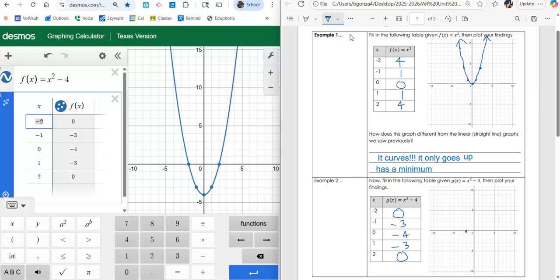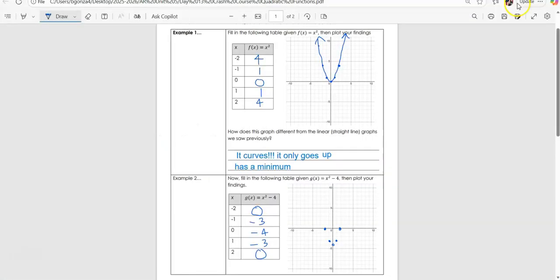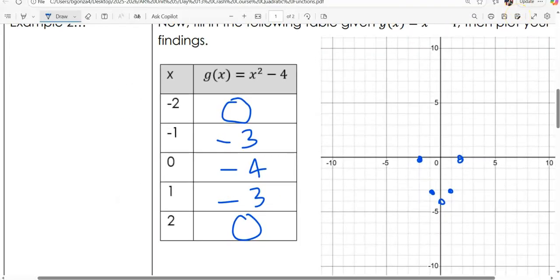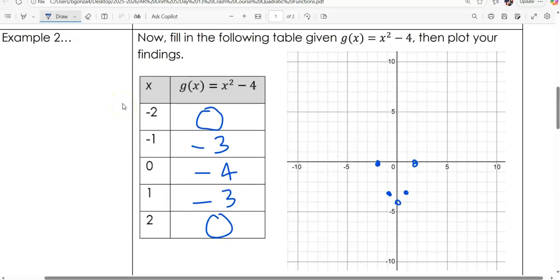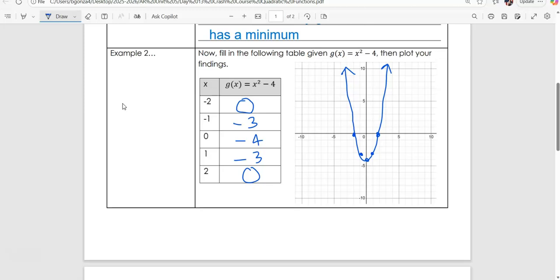So from the table I got in Desmos, I got these 5 points. They make a curve, so you're going to do your best to draw yourself a parabola, sorry. And then that's it. So, what did that minus 4 do? It moved it down 4. Nice. Write that down, then we'll flip it over.